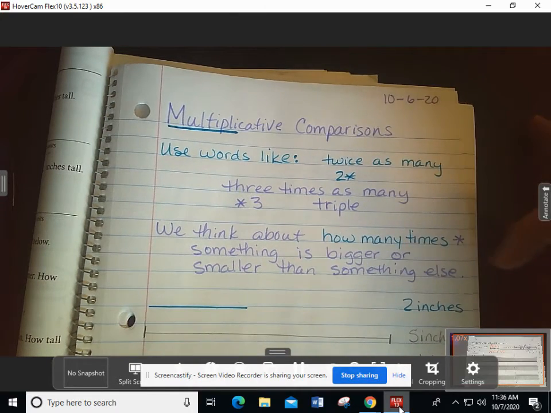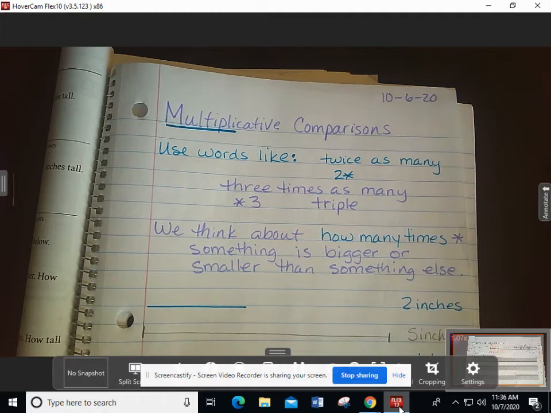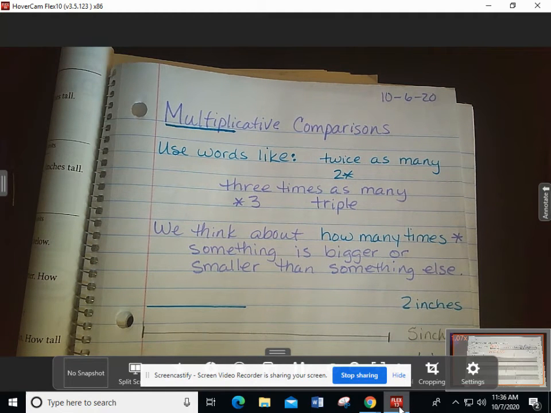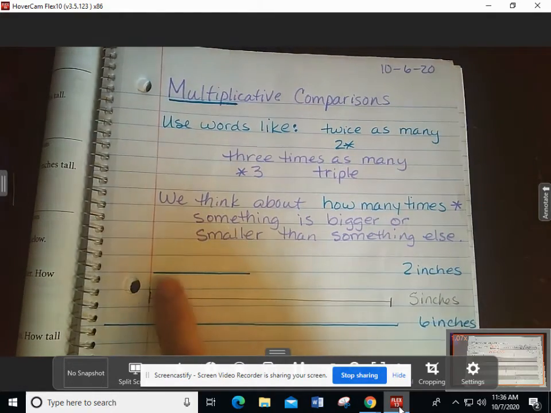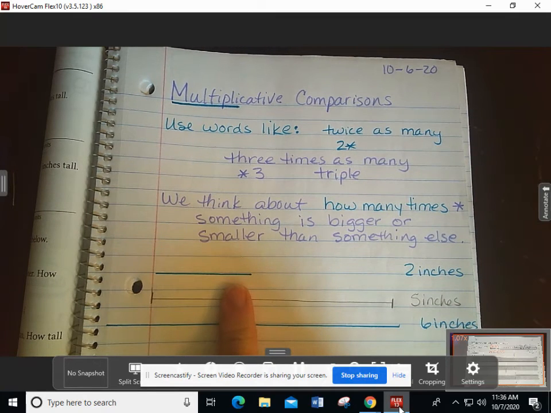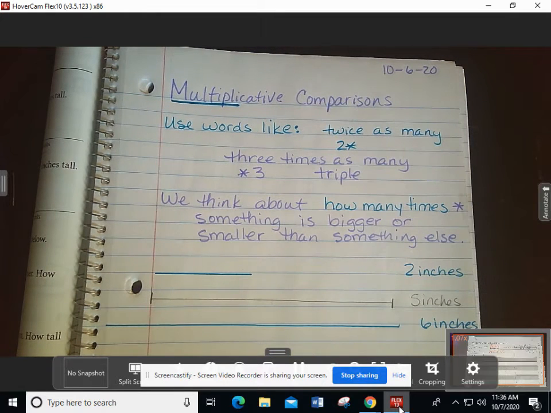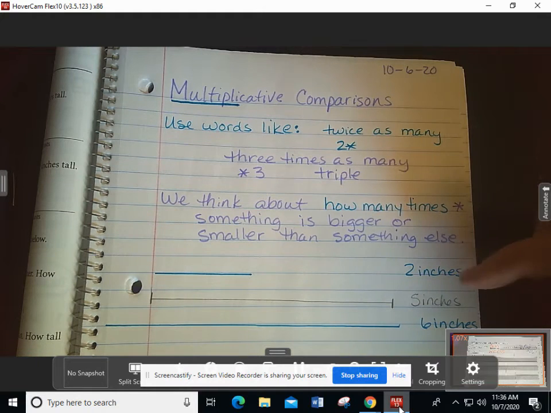In other words, we think about how many times something is bigger or smaller than something else. We are thinking about it like multiplication. Remember yesterday, I asked you to draw a 2-inch line, and then I asked you to draw a line that is 3 times bigger. So we would take 2 times 3 to create our 6-inch line.